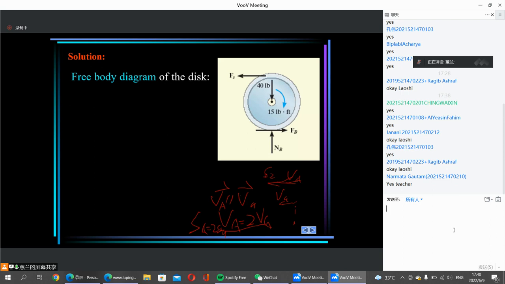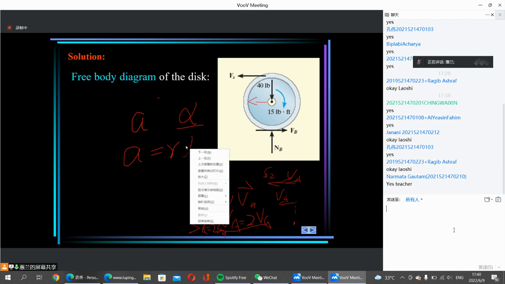If we need to find the angular acceleration, we need to find the acceleration of the mass center, right? If we also know the acceleration of the mass center, we can definitely find the angular acceleration, right? Because the acceleration of the mass center is equal to r times alpha.